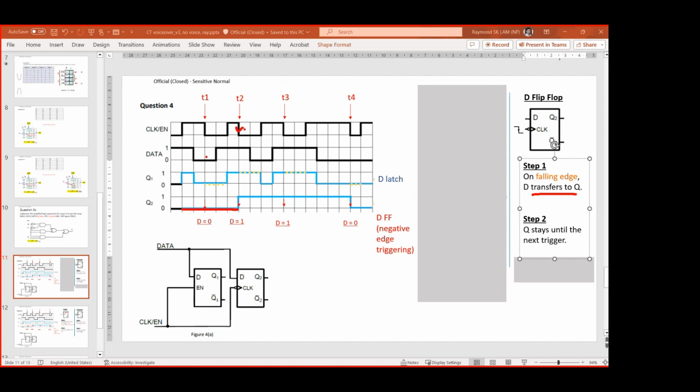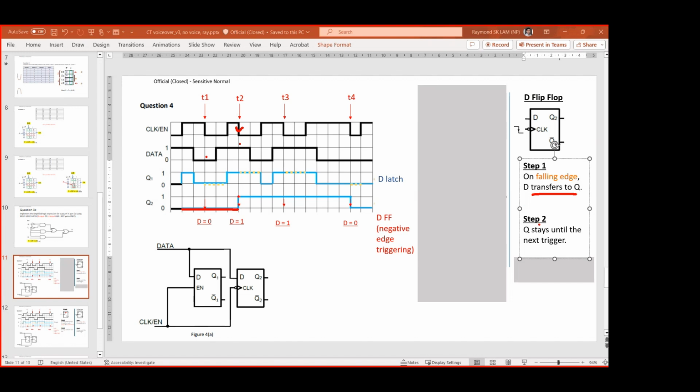Okay. So this trigger comes in. So now on falling edge, something happens. So you come back to step 1 again because step 1 is talking about on falling edge. All right. So on falling edge, D transfers to Q. So on falling edge, what is D? Can you tell me what is the D value? Is it low or high? High, 1. So D transfers to Q means it will be high, right?